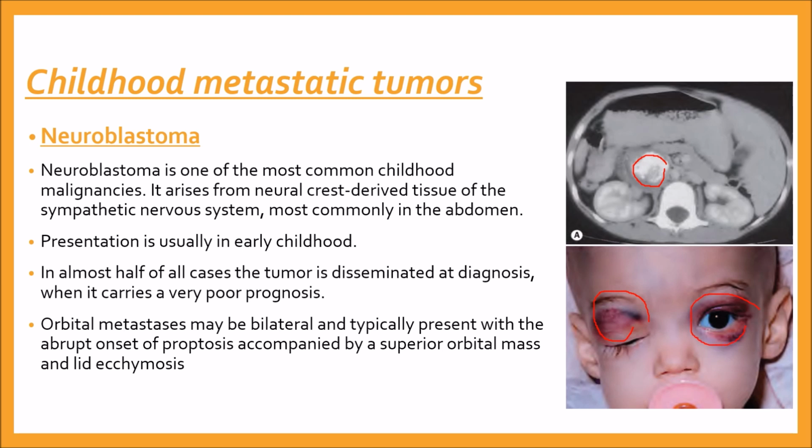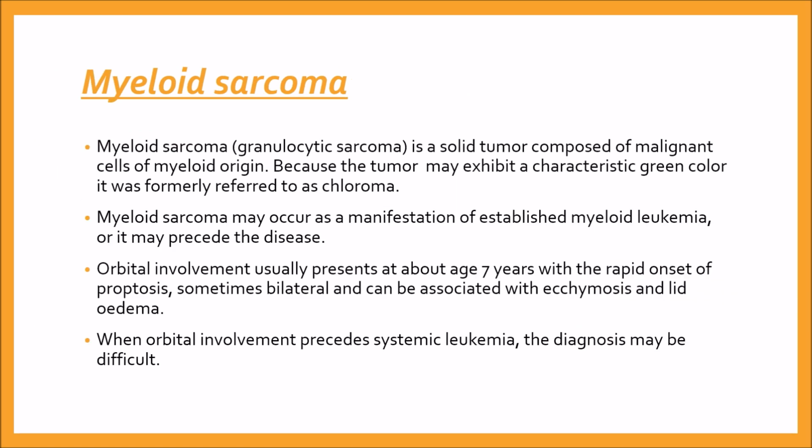Now, next is the myeloid sarcoma. Myeloid sarcoma or granulocytic sarcoma is a solid tumor composed of malignant cells of myeloid origin. Because the tumor may exhibit a characteristic green color, it was formerly referred to as chloroma. Myeloid sarcoma may occur as a manifestation of established myeloid leukemia, or it may precede the disease.